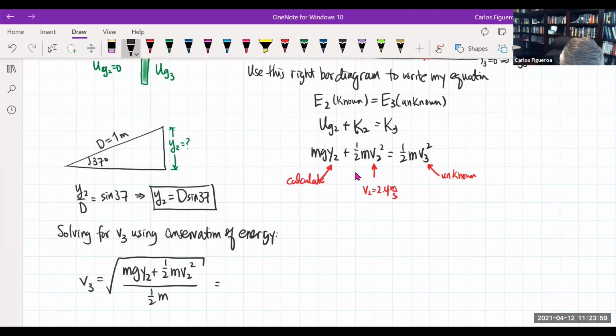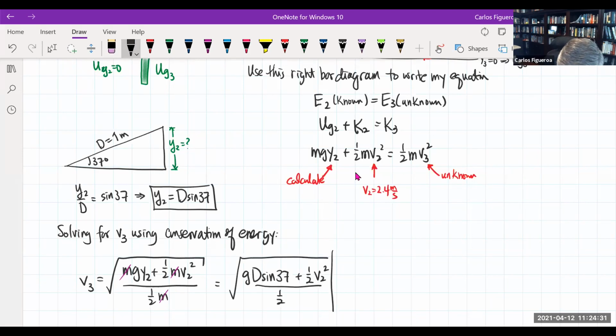So if I start putting stuff in here, note that I can immediately cancel all the masses out. That's a nice feature. And then look at my y2. So this should be gd sine of 37 plus 1/2 v2 squared, divided by 1/2, square root.